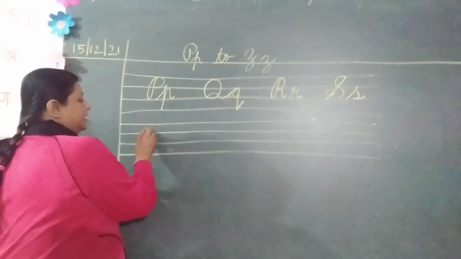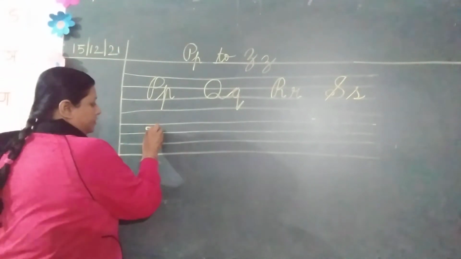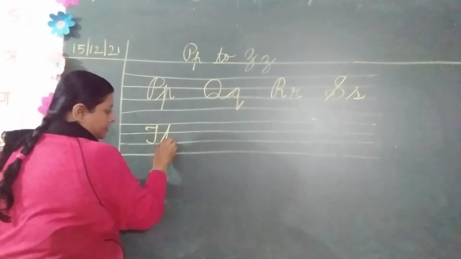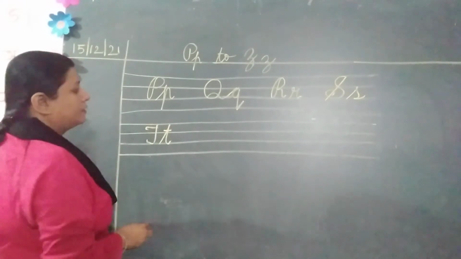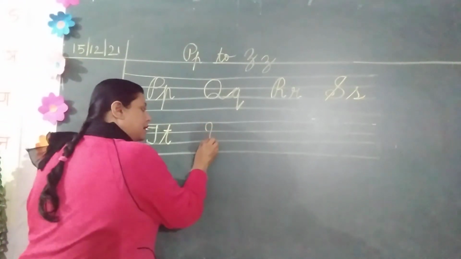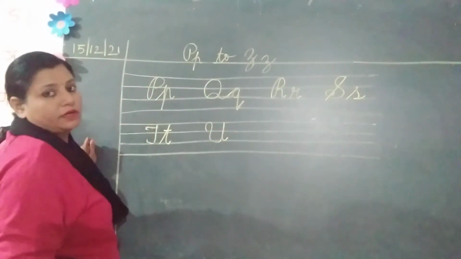Then comes the T. U. For U, half circle, come down, go up and a little tail you have to take out.